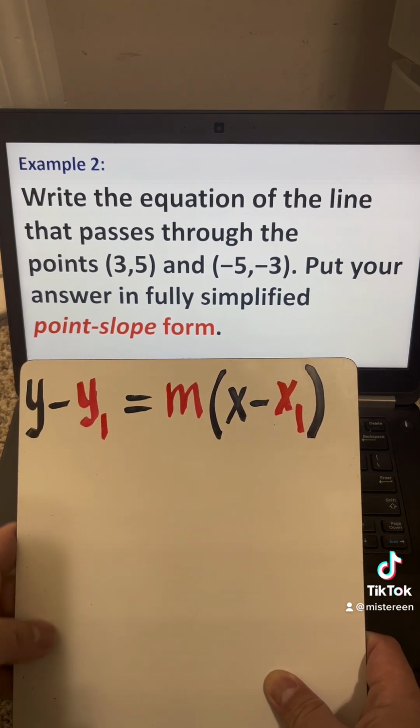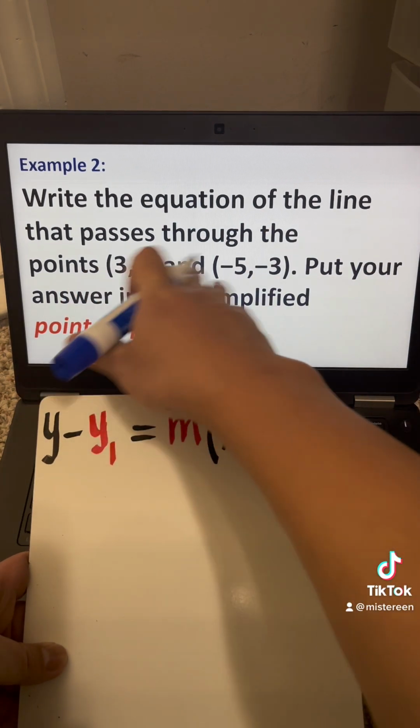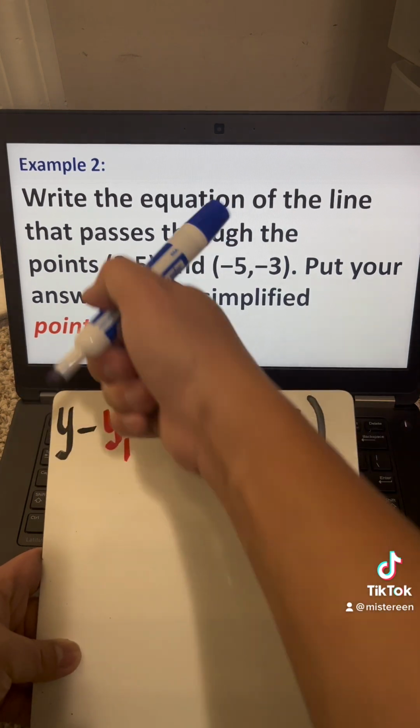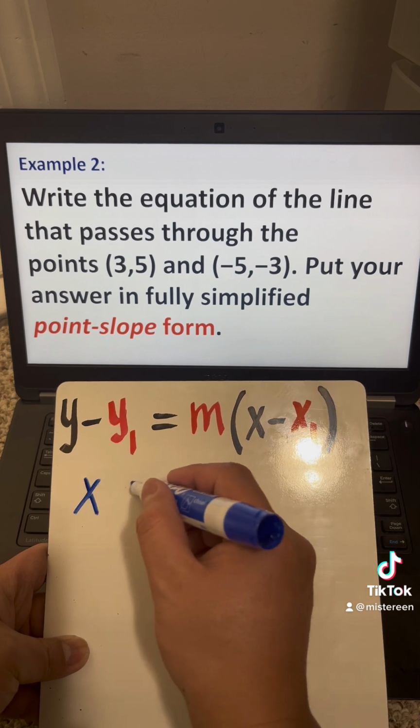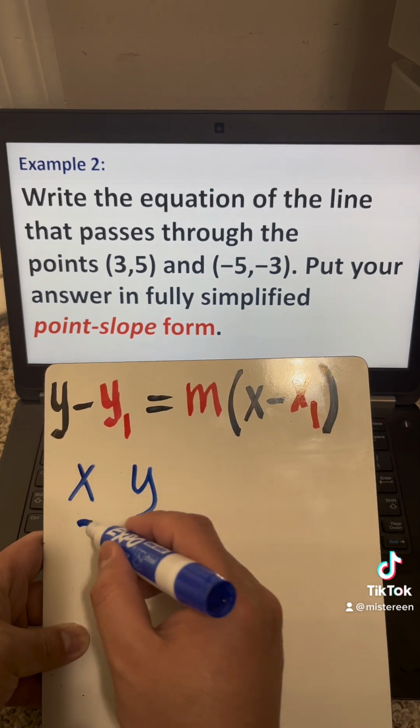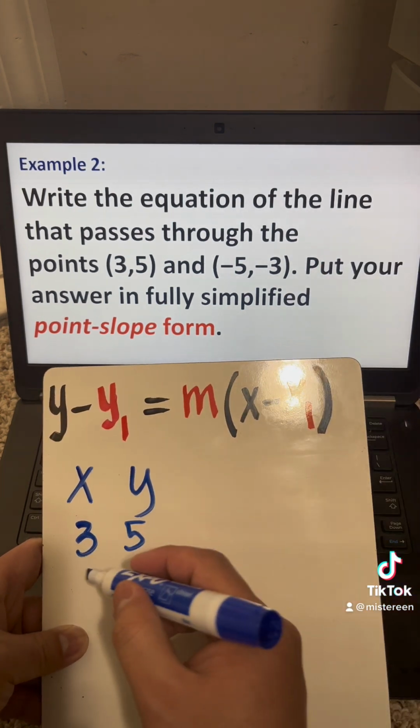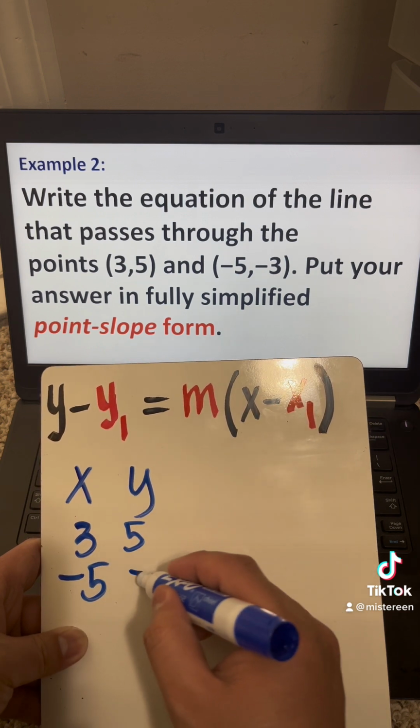Now, if you notice in this problem, you are given two points. We can write these two points on this table, x and y. Remember the table? 3, 5, that's your first pair. And then the second pair will be negative 5 and negative 3.